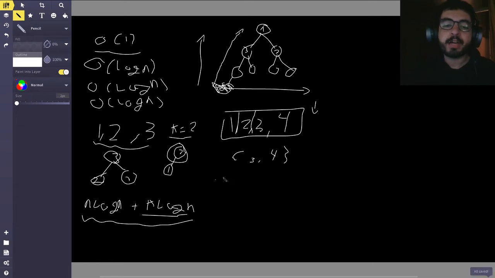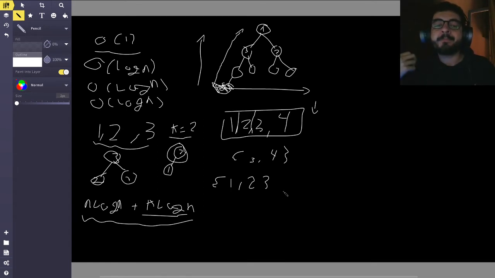Our assumption would be 1 and 2. That's not a correct assumption, but we have two elements, and in our case k is 2. So we are saying, let's assume that the first k elements are the answer that we are looking for. And bear with me here, all of this will make sense in a moment.